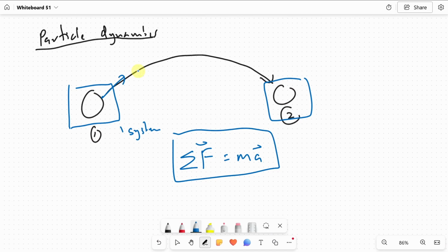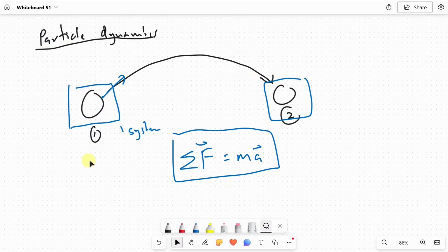So this is what we call the system approach. Okay, so you apply Newton's second law, which is one of the fundamental laws of physics, to a system, and then you can basically find what happens. All right, and this is also the same in thermodynamics.